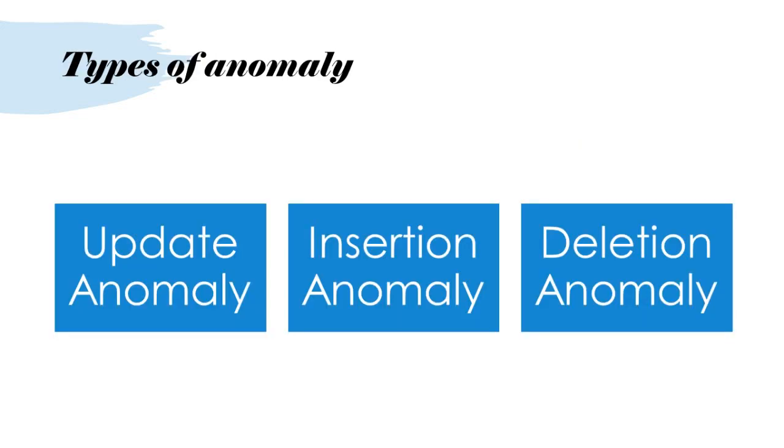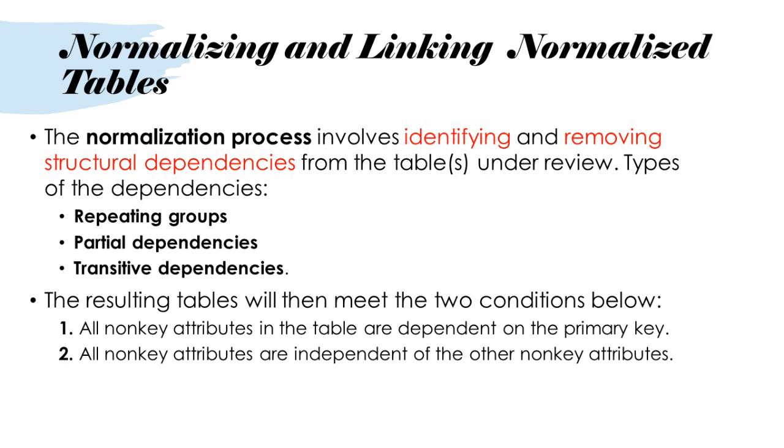Okay, the next, we have talked about this. Okay, next, normalizing and linking normalized tables. The first is the normalization process. It involves identifying and removing structural dependencies from the tables under review. Types of the dependencies may be repeating groups, partial dependencies, or maybe transitive dependency.